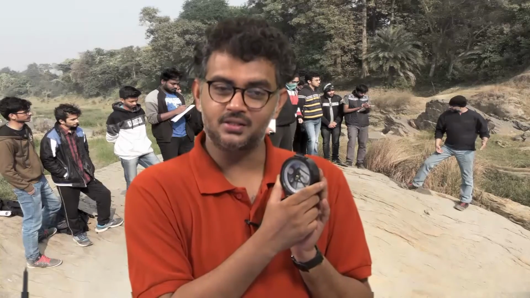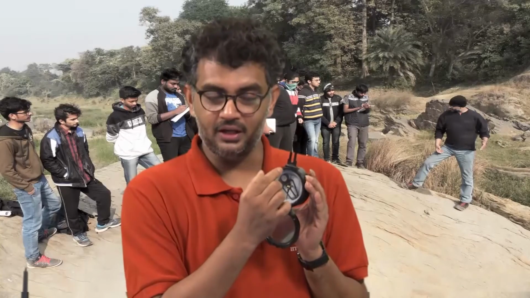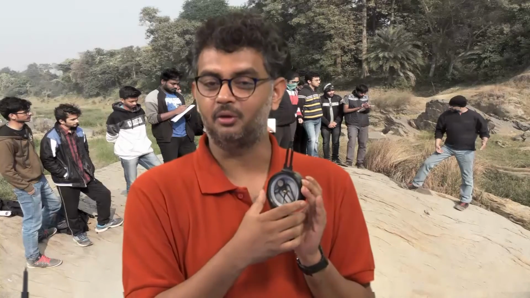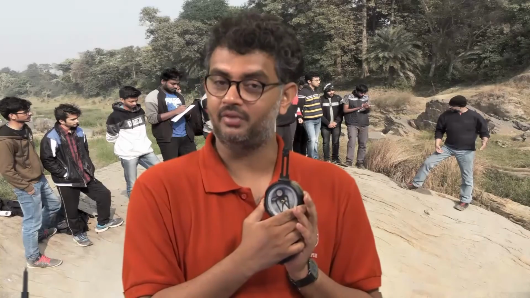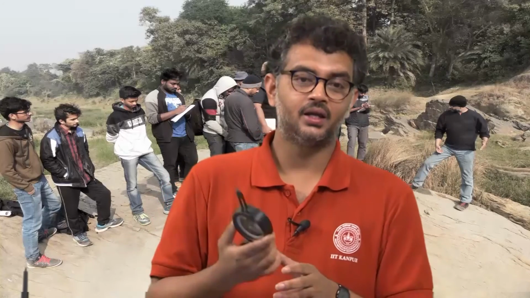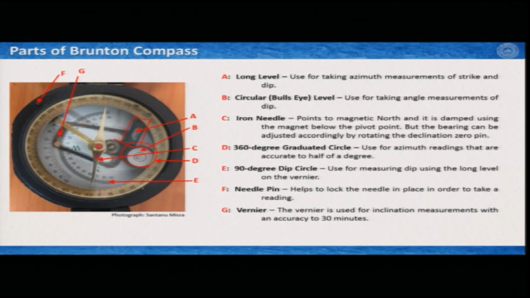You have to rotate it in such a way that this long level's bubble stays at the middle, and that makes sure that your compass is held in a vertical manner. So, holding it horizontal or vertical gives you the measurements along horizontal planes and along vertical planes respectively.